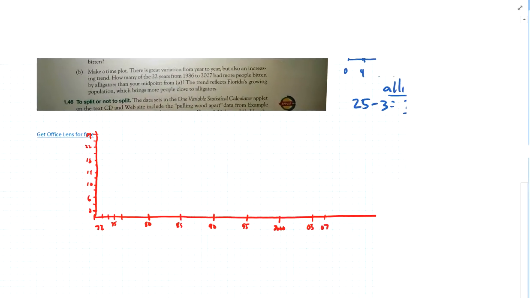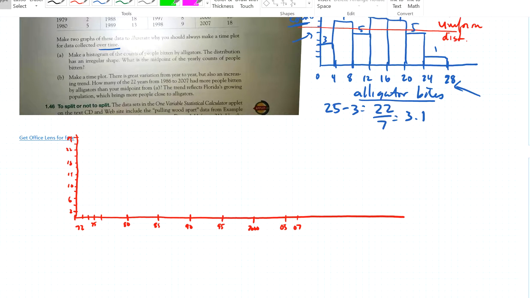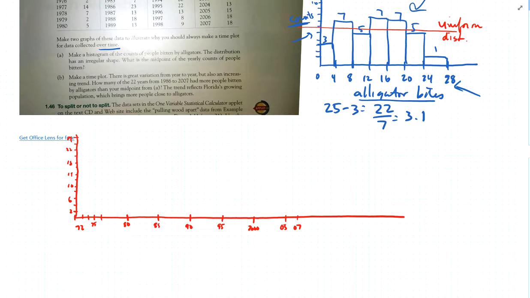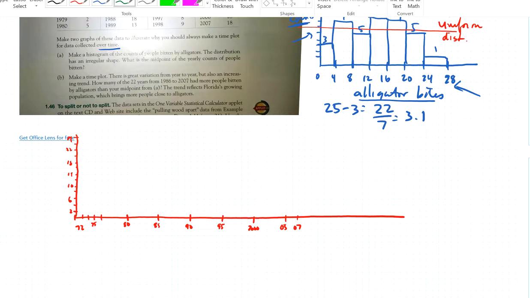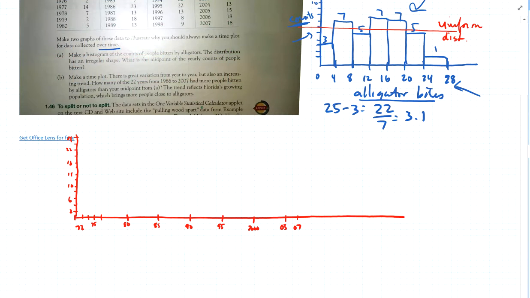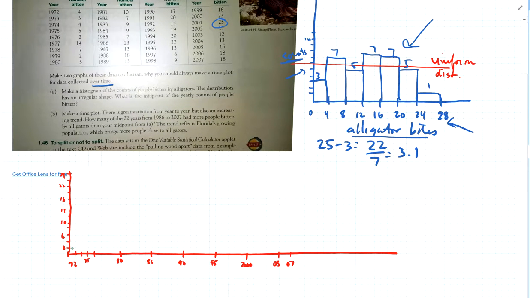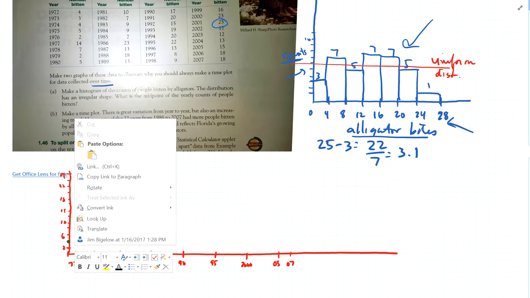Okay, so I'm going to shrink it down here so I can see the data. And I'm going to draw that in a different color. Let's do it in green. All right, so I said '72 is here, so we got 4, 3.